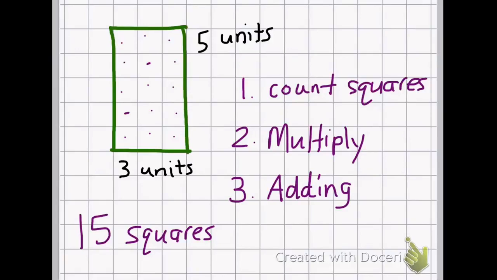So we can choose to add the rows, how many in each row, adding rows, or we can look at it and add by columns. Either way, these are the three main strategies that we may use to find the area of a rectangle.